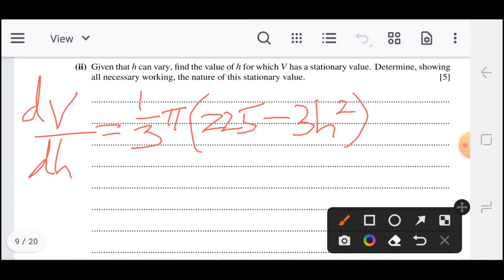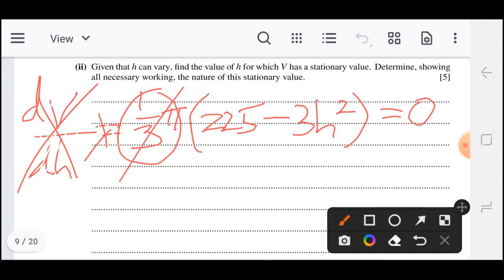Now, when V has a stationary value, this expression will be equal to 0. So we start dealing with this expression. If it's equal to 0, we can divide throughout by 1/3 pi, which means this goes, and we'll be left with this equals 0.